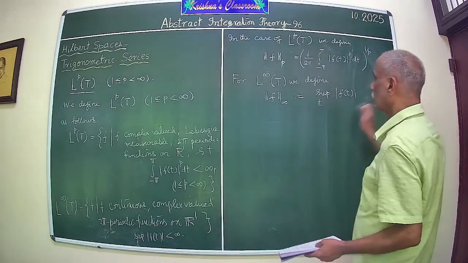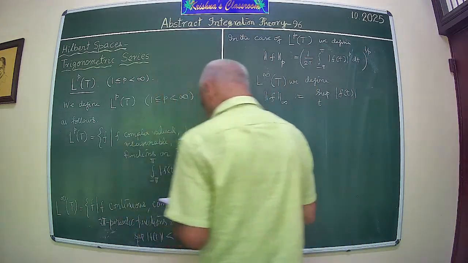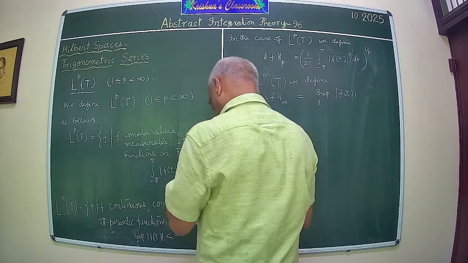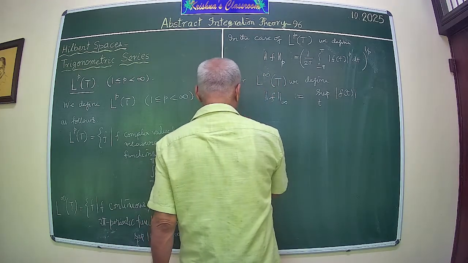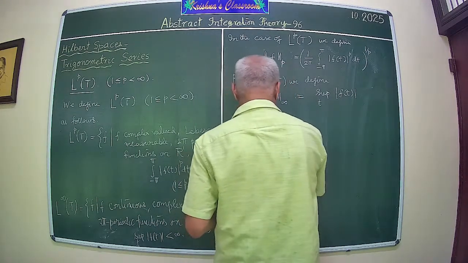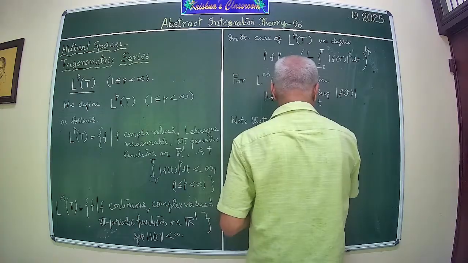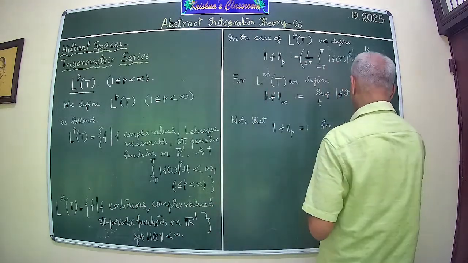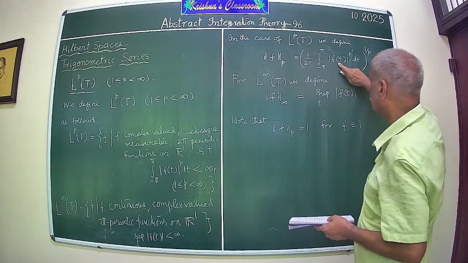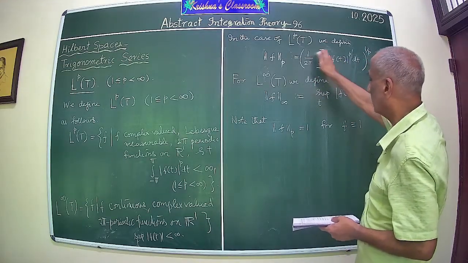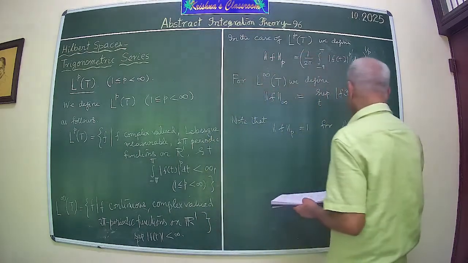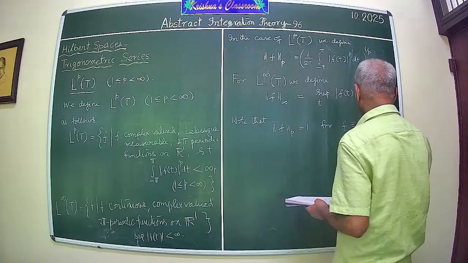If f is identically 1, then you see that the integral gives 2 pi, and 2 pi cancels with the dividing factor. That's why this dividing factor has come. So this is also true for infinity.